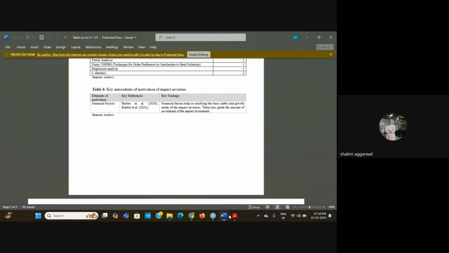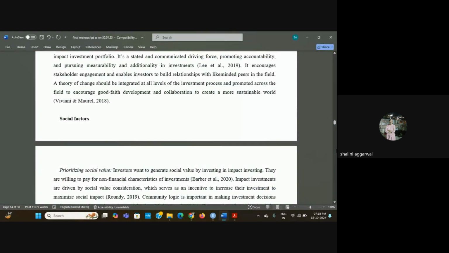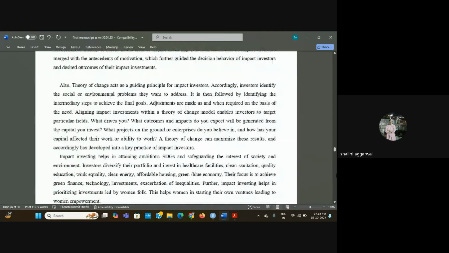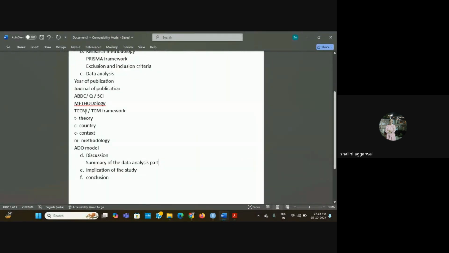But if you have a table with respect to theory in the data analysis part, and it is linked to some theories, like I told you yesterday, the TCCM framework, in which you have talked about some theory, then when talking about the implications of the study, the important theory that has come out of this TCCM framework, right, you have to mention here as well.